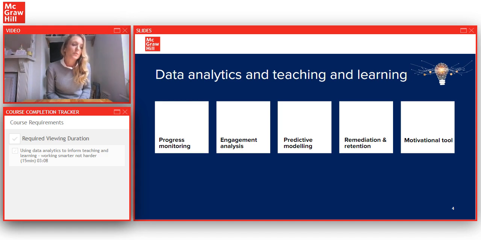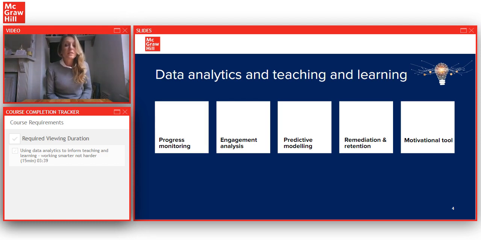Engagement metrics may be how much a learner has engaged with a platform, how many times a learner, for example, has attempted to get a question right before getting it correct, how many chapters a learner has read that they're supposed to read, how many quizzes they've taken, and so on. Data analysis enables us to get really good insights and great transparency into the engagement of a set of learners, or again, an individual learner. And that's really helpful for teaching and learning efforts.